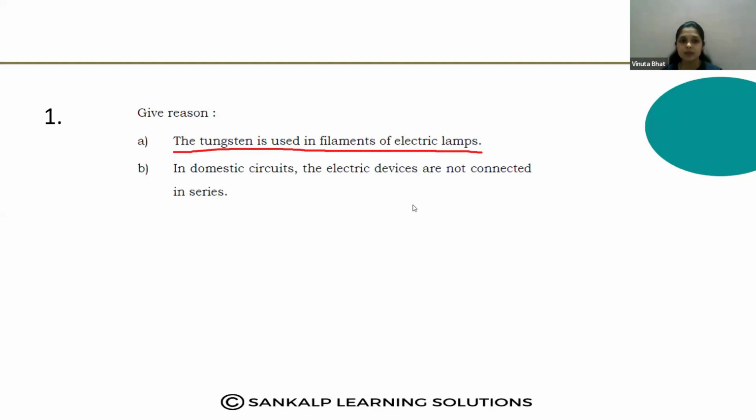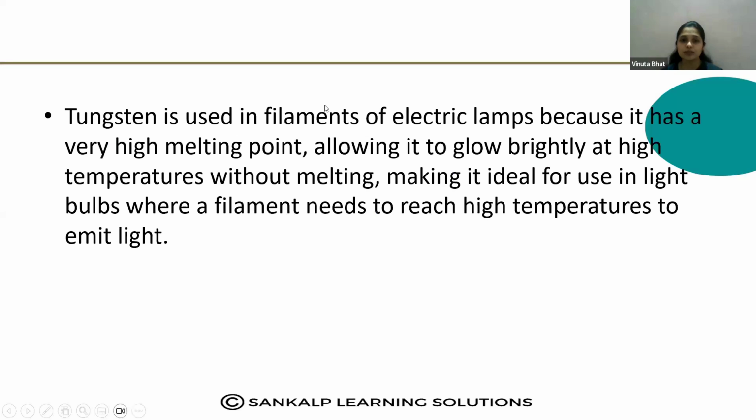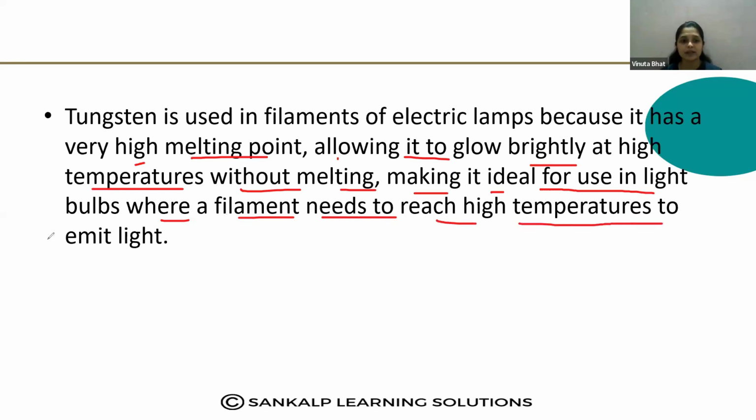The tungsten is used in filaments of electric lamps because it has a very high melting point, allowing it to glow brightly at high temperatures without melting, making it ideal for use in light bulbs where a filament needs to reach high temperatures to emit light.